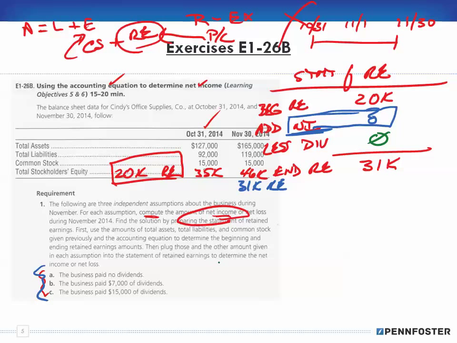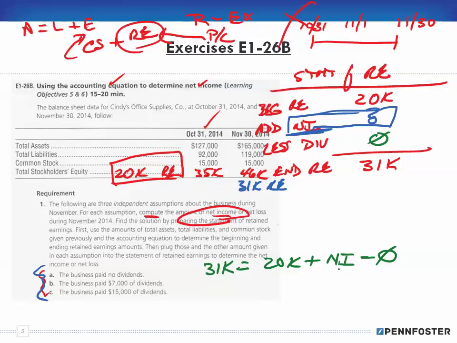I have my ending retained earnings of 31,000, and that's going to be equal to, because remember, this is a total amount, a total of these three, 20,000 plus my net income minus my dividends, because remember, when we pay out dividends, we subtract out the dividends. In this case, we have zero in dividends.